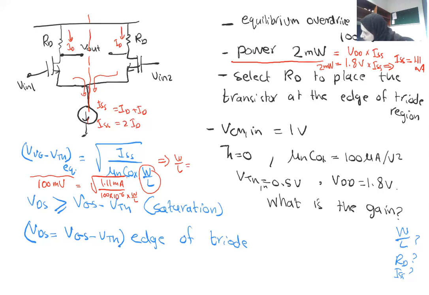A funny number, 1011 point 1. It does not have a unit because it is a ratio of dimensions. Okay. Now, we found W over L, we found ISS, and we are left with RD and the gain.